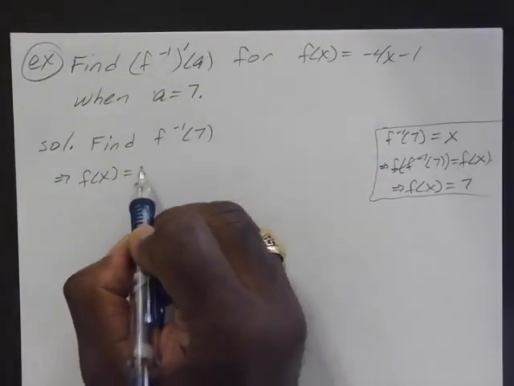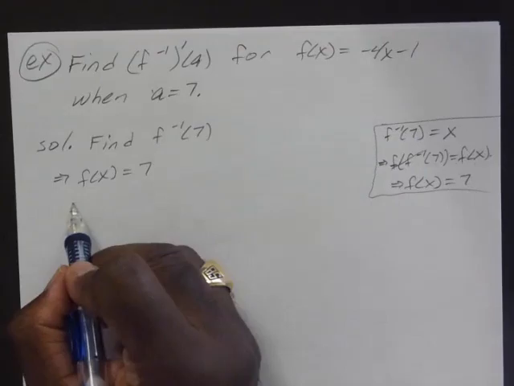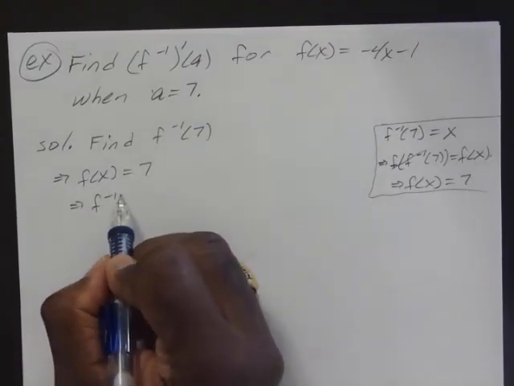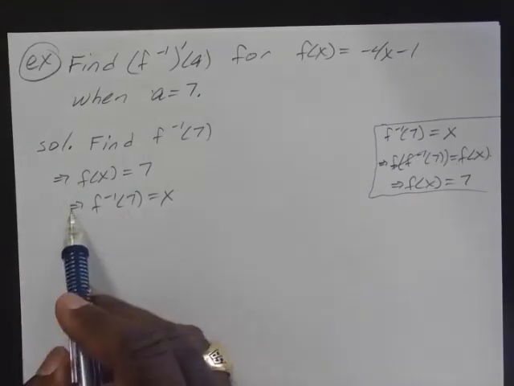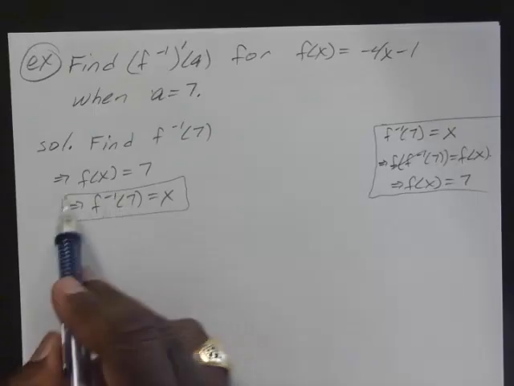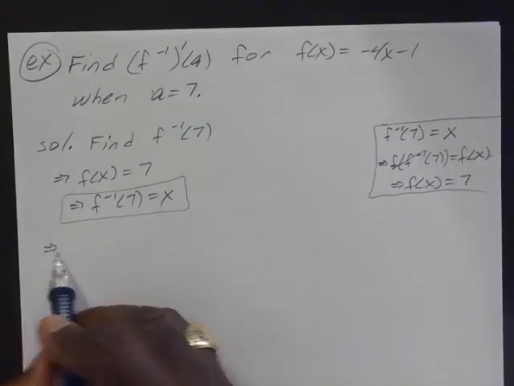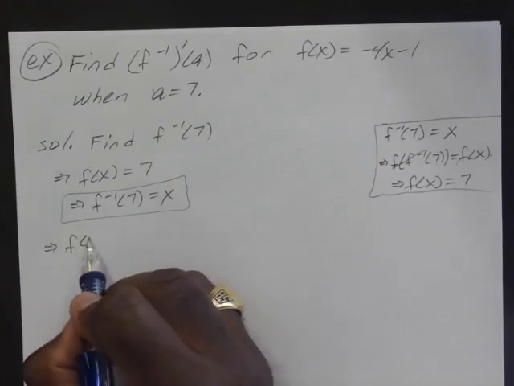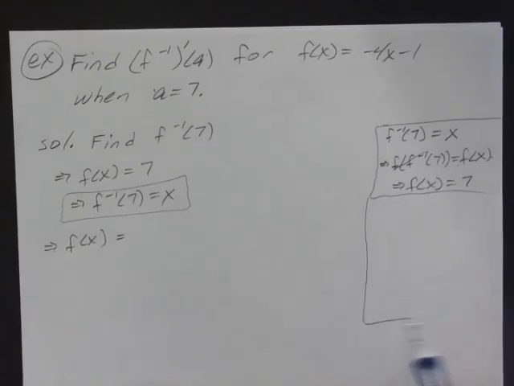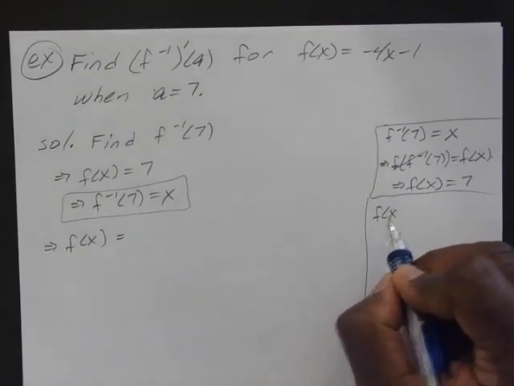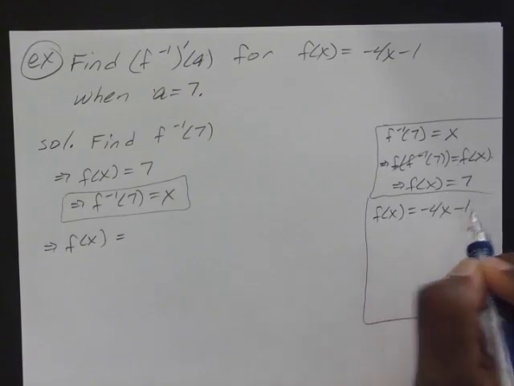So f of x is equal to 7. We already know our f inverse of 7 is equal to x. And from there, our f of x, I'll put that over here. f of x is equal to negative 4x minus 1.